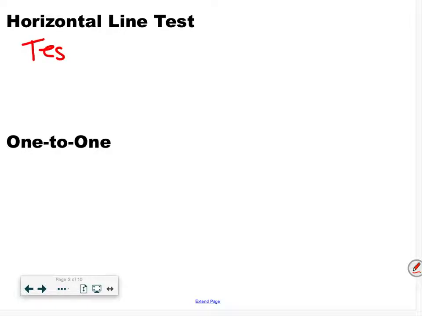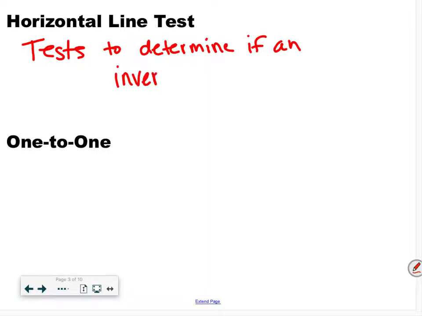But it's testing to determine if an inverse exists. Not all functions are going to have an inverse. If a function does not pass the horizontal line test, it's not going to have an inverse.